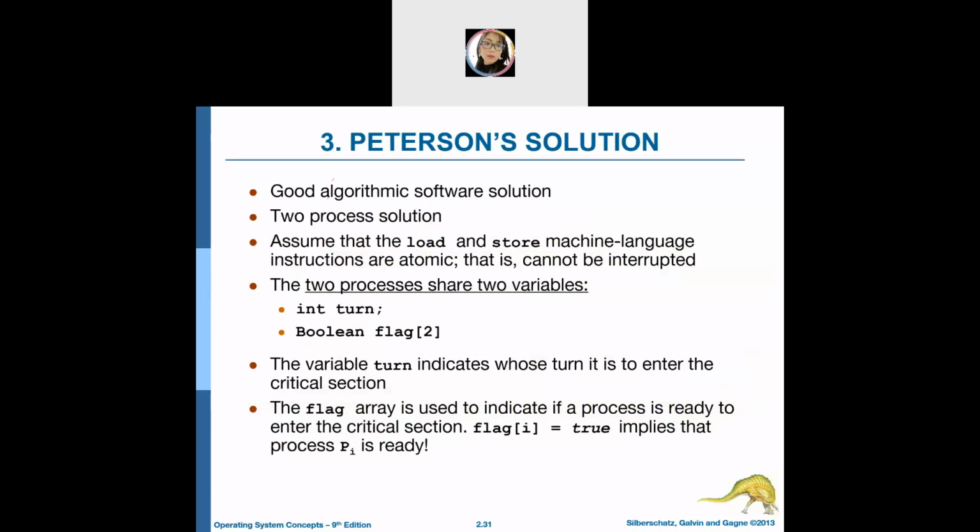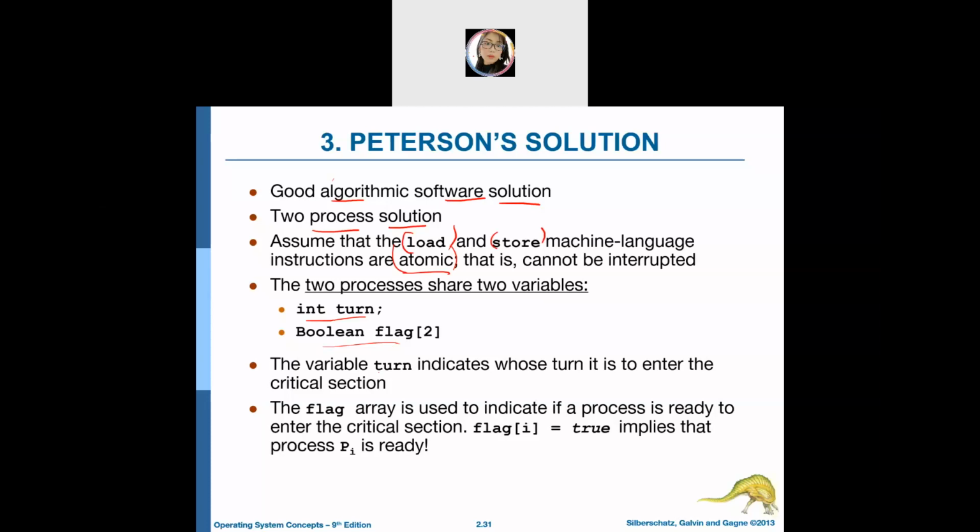This is a good software solution for two processes, which assumes the load and store machine language instructions are atomic. You know the meaning of atomic: you can only run one process at one time. The two processes share two variables, integer turn and boolean flag.